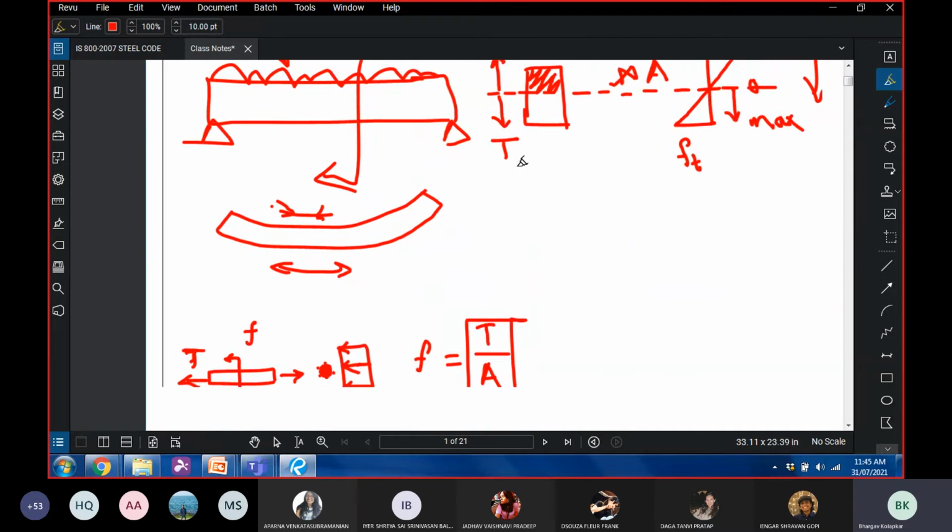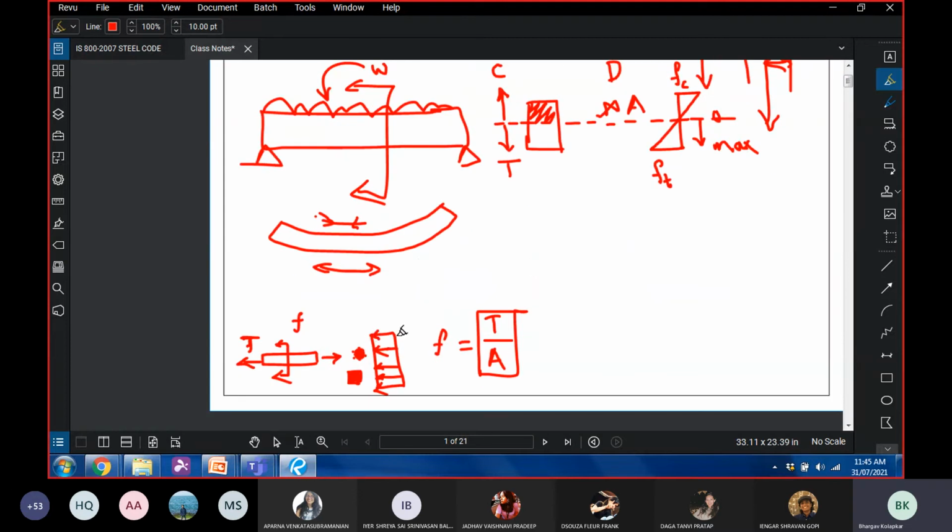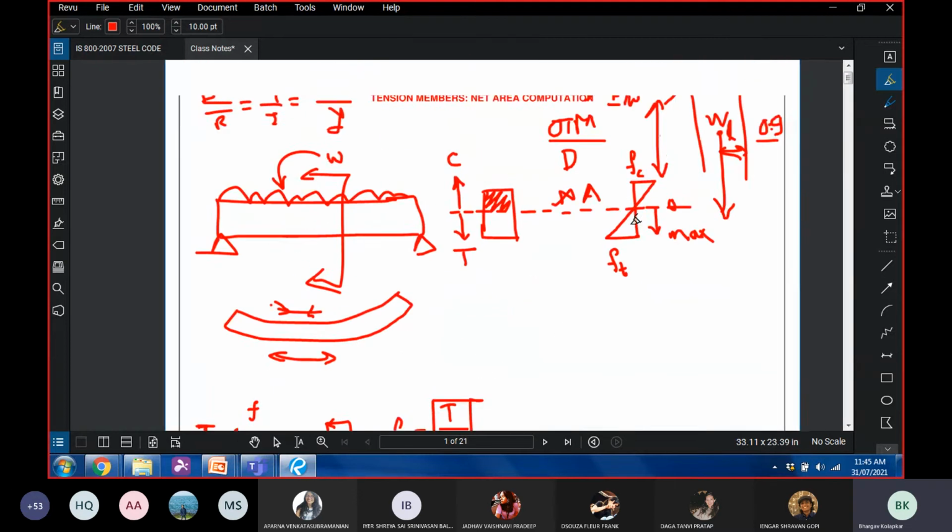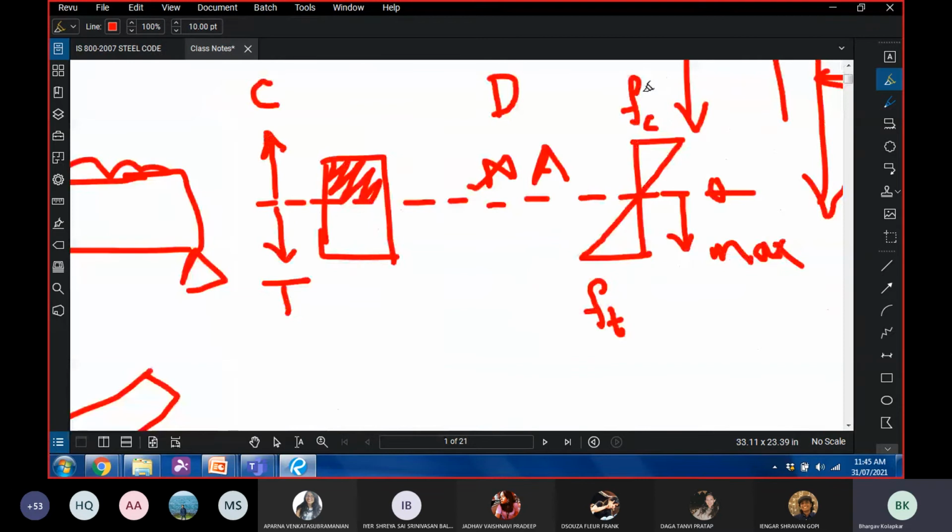But my point is, when we are talking about tensile members, the stress is uniform. But when you're talking about a beam, the stress is maximum at the extreme fibers, and all these fibers are stressed so much less. And therefore, a beam is not a very efficient structural member, because the material in this zone you are not utilizing completely.